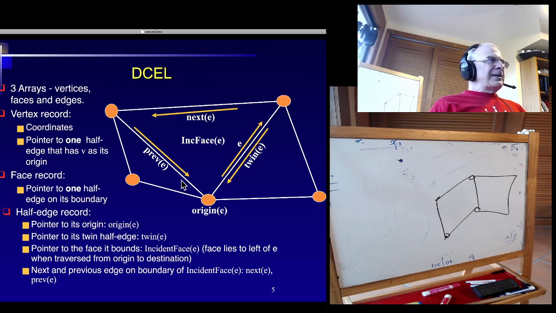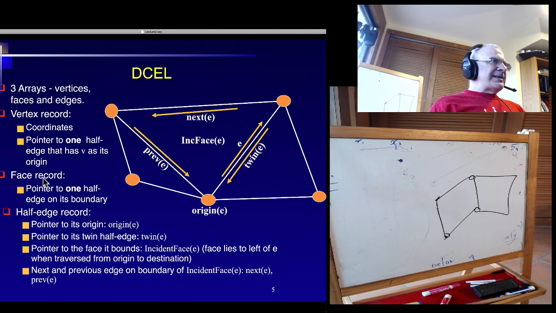A vertex, as we see even here, might be adjacent to multiple edges. However, the vertex stores a pointer only to one half-edge that emerges from this vertex. That is, this vertex knows only about one of the multiple edges that emerge from it.